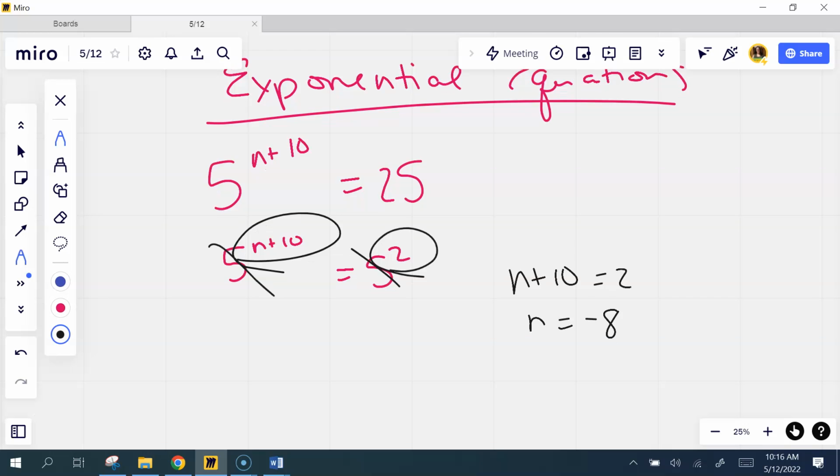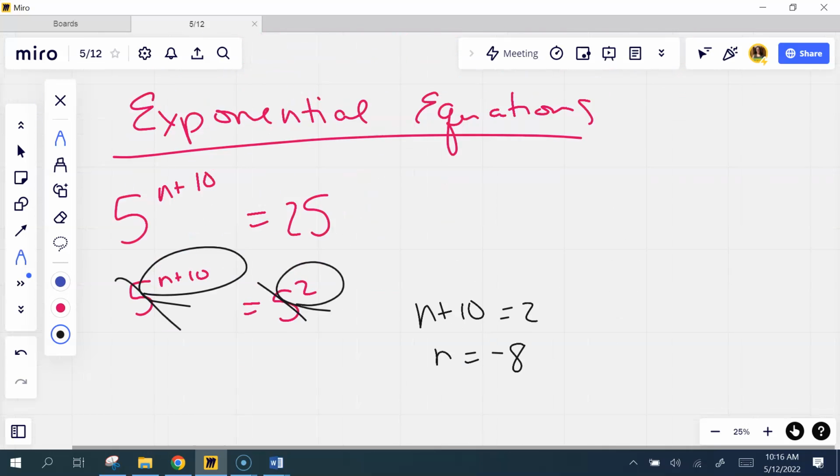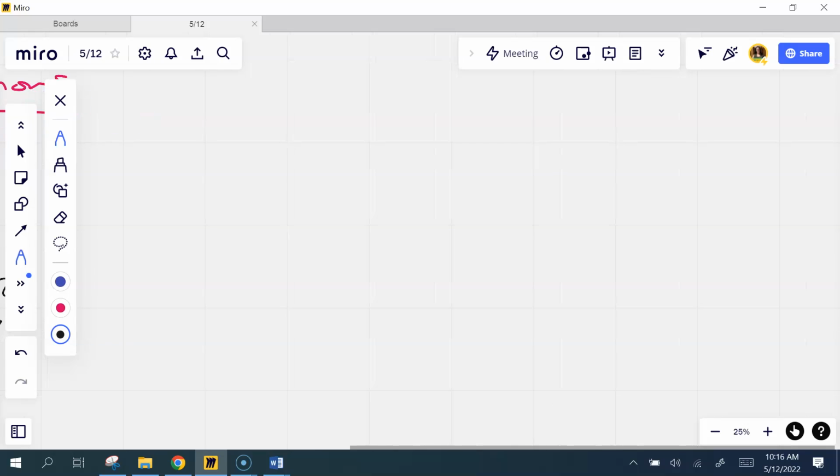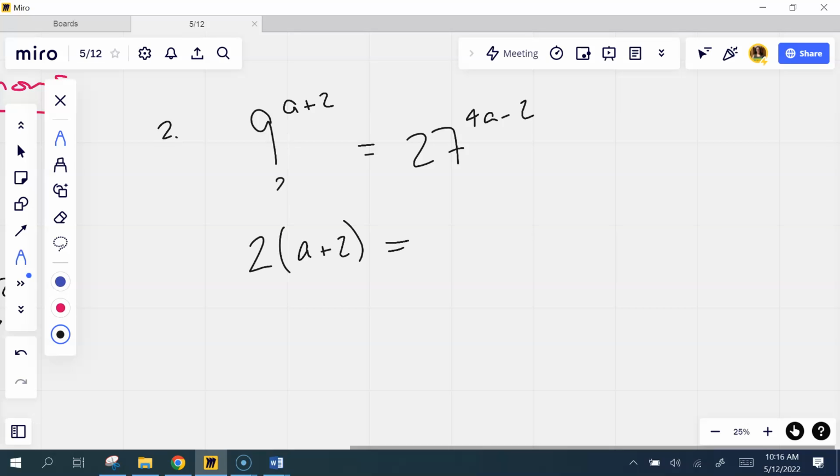Now number 2 is a little bit harder. We'll just run through number 2 as well, just to get you loosened up and thinking back in terms of exponents. What is the common base here that I can force? 3. So 3 to the what is 9? 2. So I'm going to do 2 times a plus 2. And 3 to the what is 27? 3.